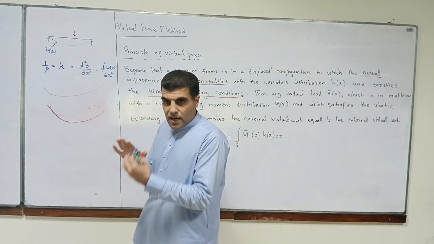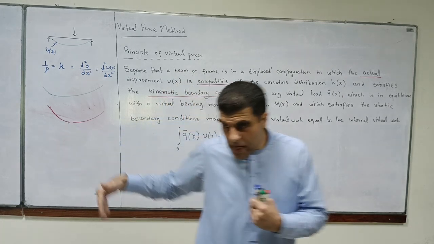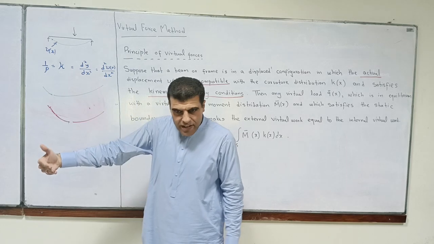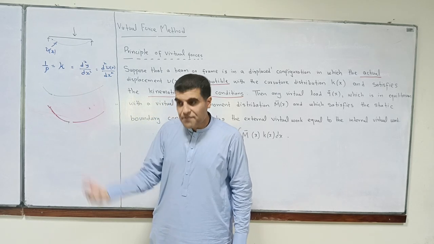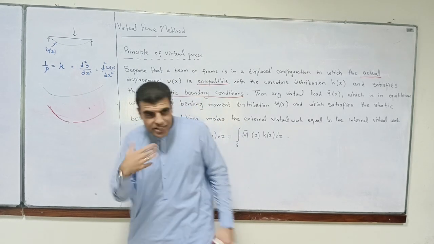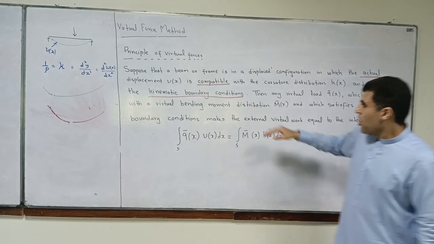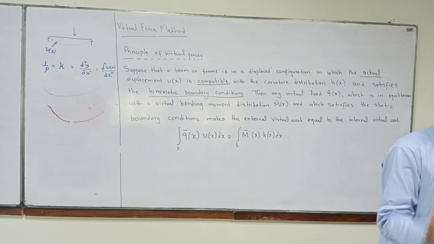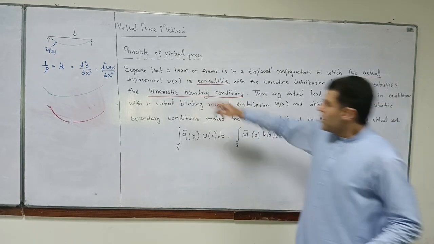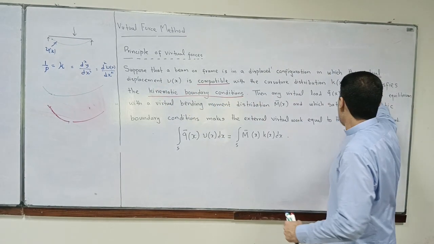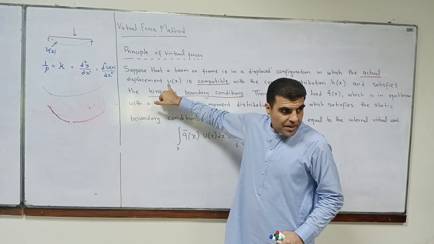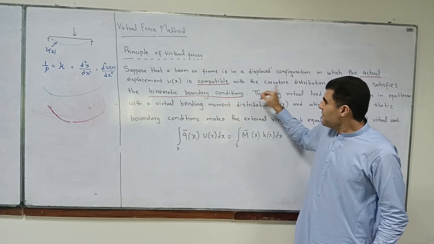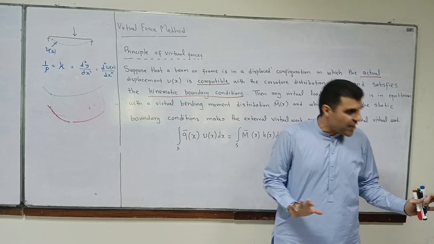If it's a cantilever beam, yeah, then the slope at the cantilever end must be equal to 0. The deflection at the cantilever end must be equal to 0. So that is a kinematic boundary condition. Okay, so we have got an actual beam which is in a displaced configuration and whose actual displacement is compatible with the curvature, okay, and kinematic boundary conditions are satisfied.